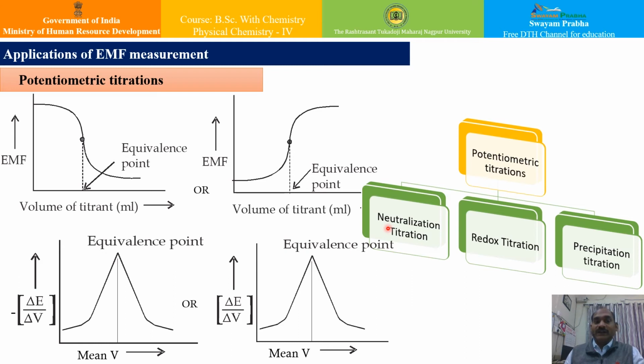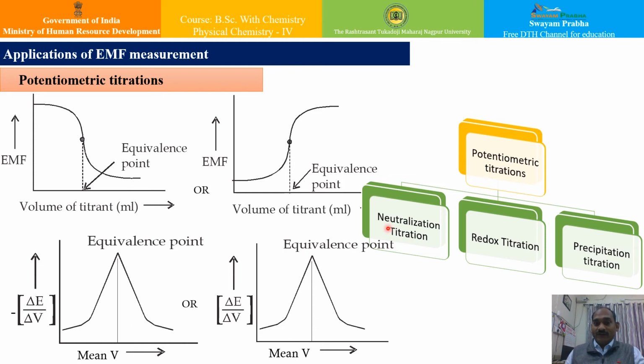Simultaneously, I can find out the change in EMF versus the change in volume. So what is the aliquot of volume I am adding, and against that, what is the change in EMF? With this data, I can plot a graph while performing the titration, between the volume of titrant added and the EMF of the cell.